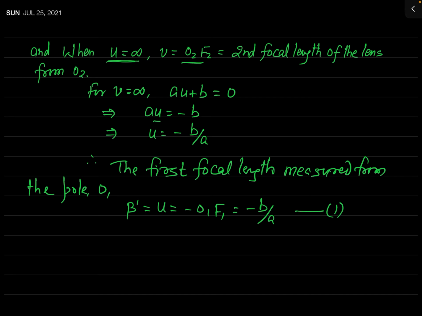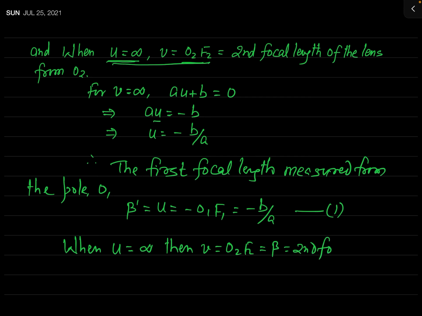So you can see when u equal to infinity, then v equal to O2F2. We have already mentioned it here, and that we will denote by the symbol beta, and that is actually the second focal length from O2.